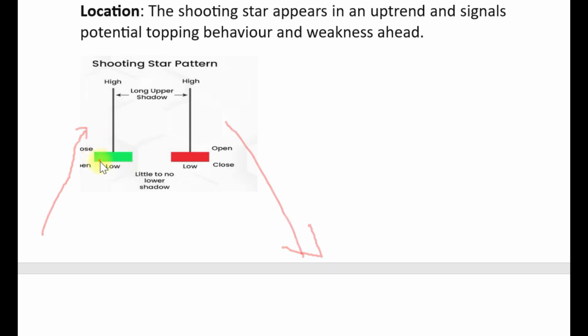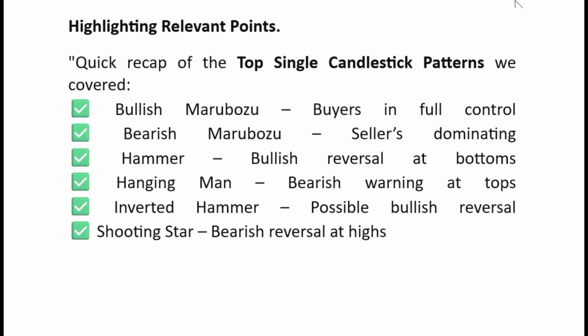In this candlestick pattern, the body is very small with a long upper shadow and no lower shadow. If this is formed in an uptrend, then the price of the stock falls. This is a shooting star. The upper shadow or upper wick indicates strong bearishness.